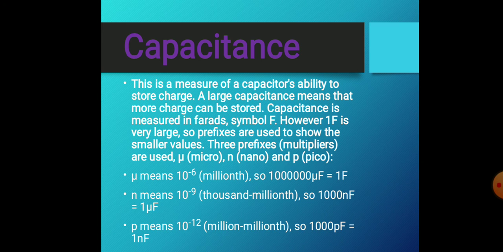We have the microfarad, with micro as the prefix, which looks like letter U, and then nano, letter N, and pico, letter P. So these are the 3 prefixes that are used to show smaller values. 1 farad is equivalent to 1 million microfarad. And then 1 microfarad is equivalent to 1000 nanofarad, and 1 nanofarad is equivalent to 1000 picofarad.